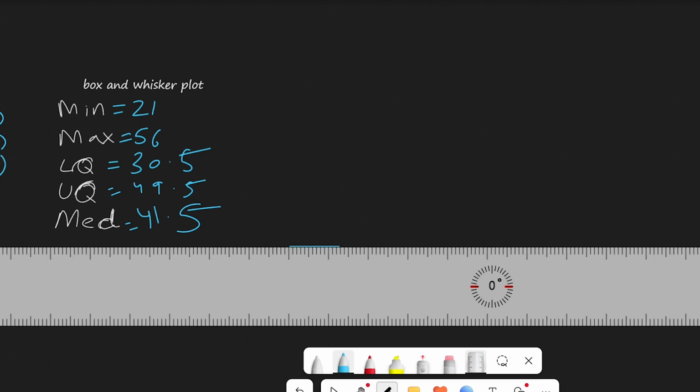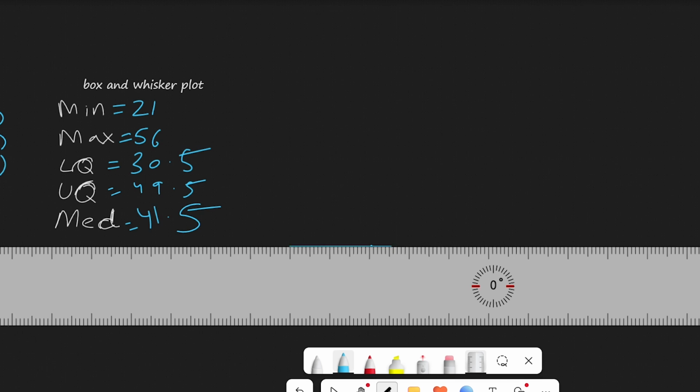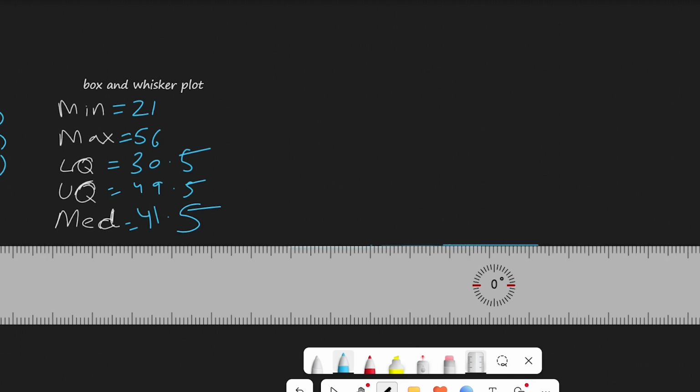And then we can draw a line from here. We can count it as 30, then we would have a 40, and after that we would have a 50 as well.